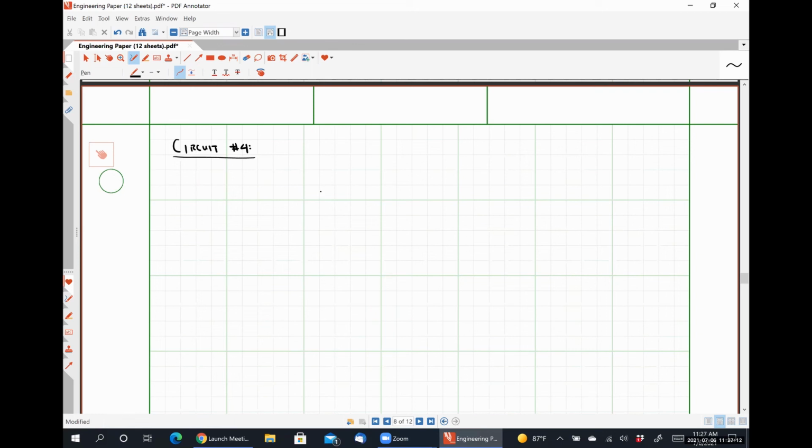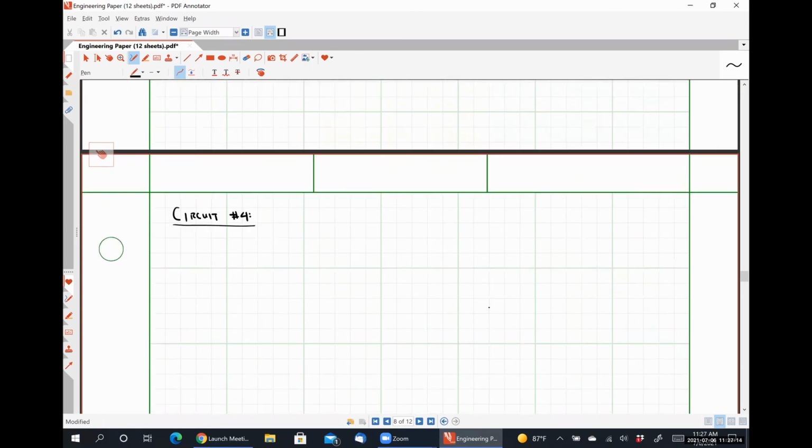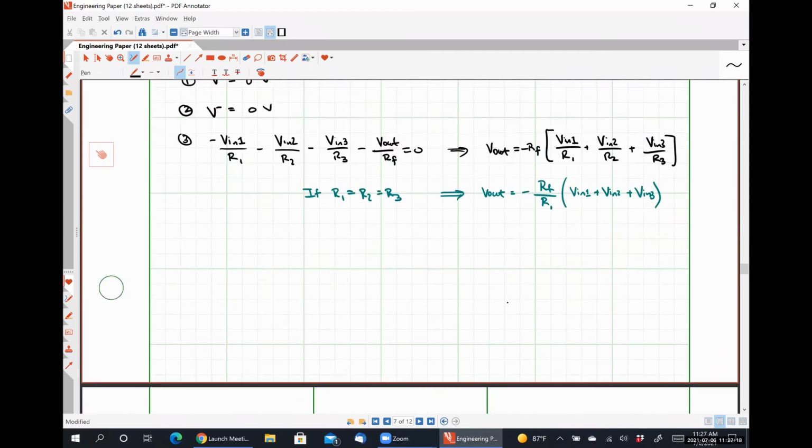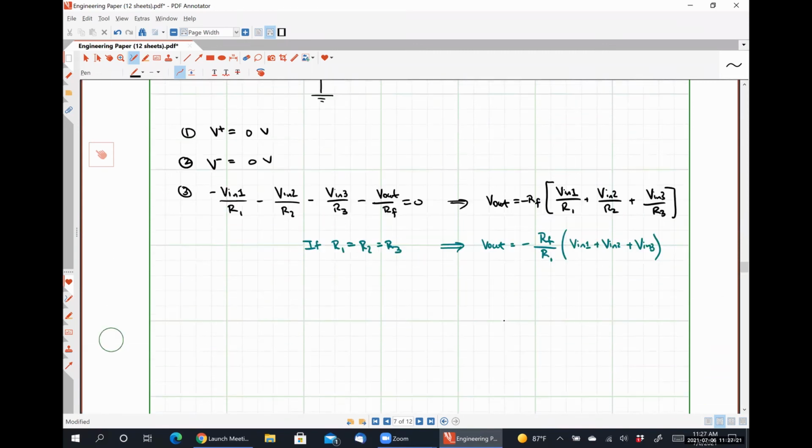For the first two circuits, you wrote the voltage gain equation. Did that circuit not have one? That is a fantastic question. This circuit, you can't really characterize the voltage gain on because it is dependent on multiple input signals. We could write one for each input, but that is the exact same voltage gain that we would see for the inverting amplifier.